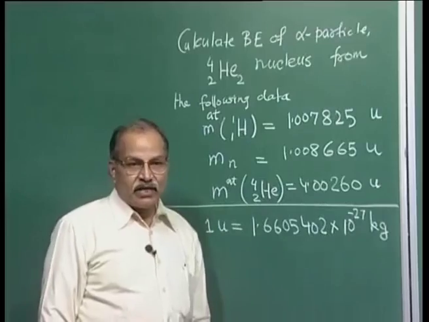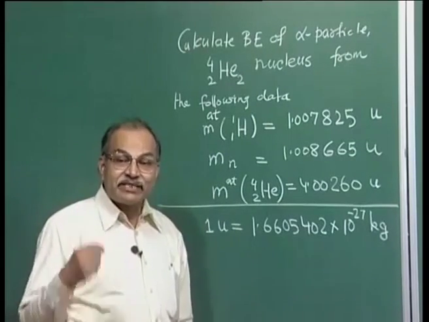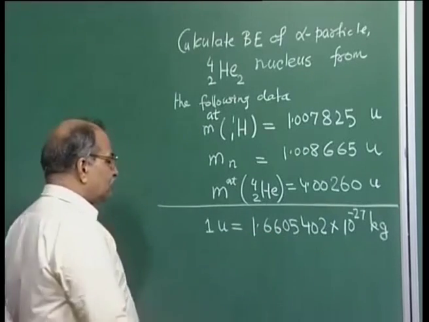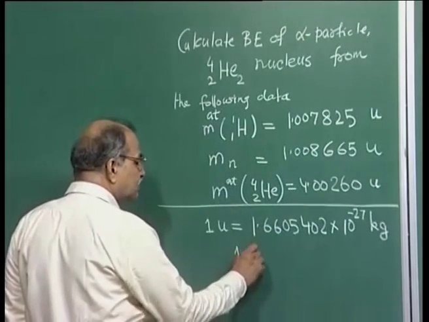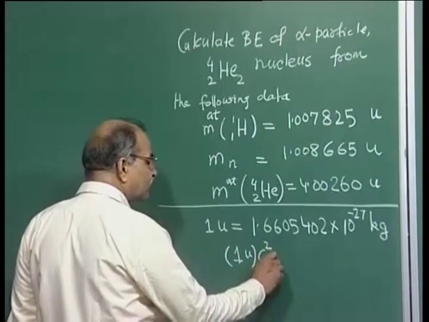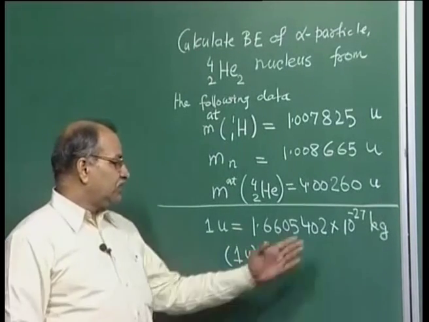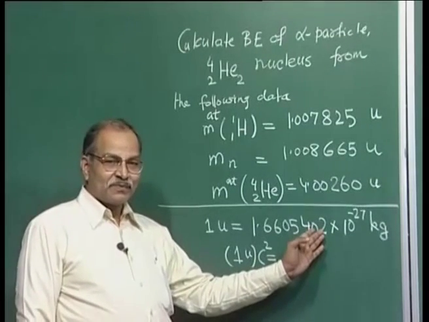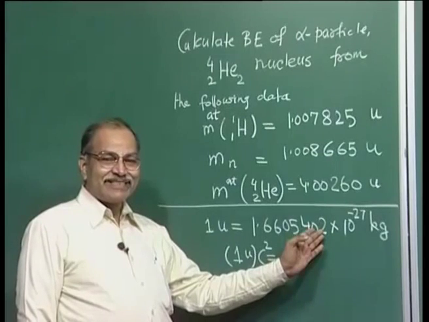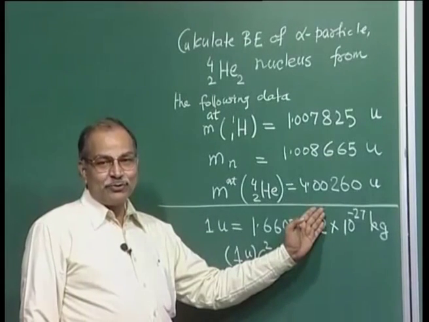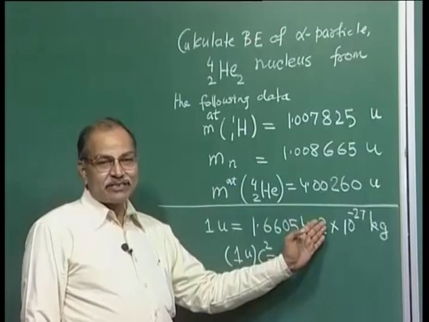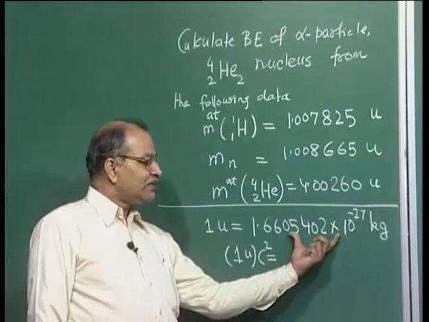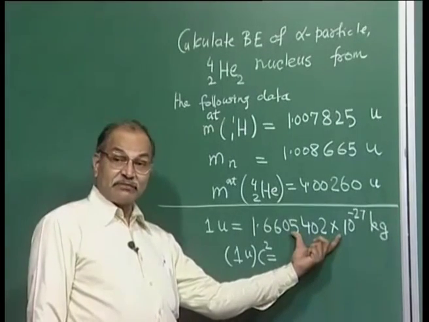Okay. And if you write the mass energy corresponding to this mass, that is mass times c square. So, if you take this mass and multiply it by c square, this will be these many kilograms multiplied by 9 into 10 power 16, c square is 9 into 10 power 16 meter square per second square. So, multiply this number by 9 into 10 power 16, that will give you joules.